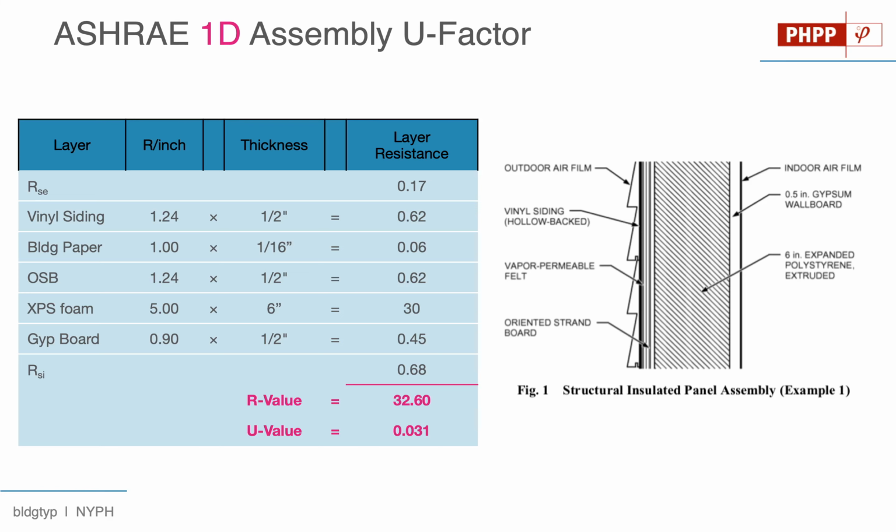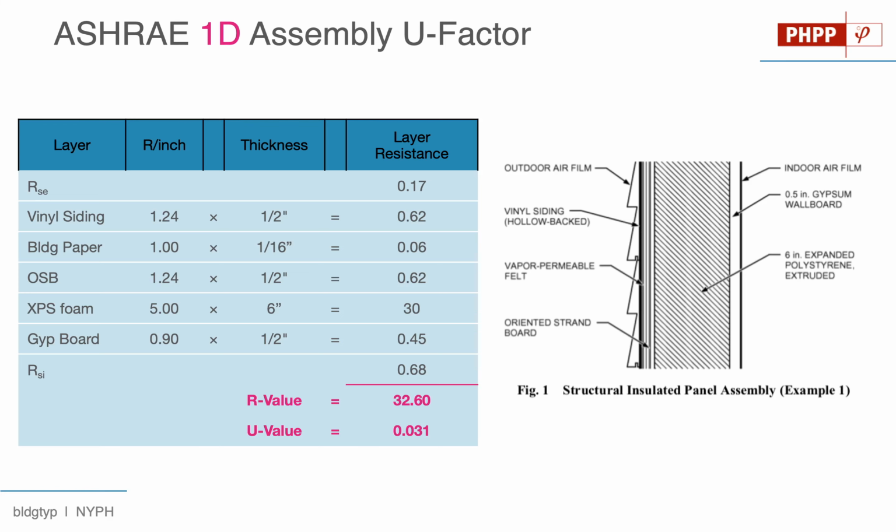So I'll say that again. We're going to calculate the resistance of every single individual layer based on its thickness and its resistivity. And then we're going to sum up all of those resistances to give us a total resistance for the whole assembly. And then, as we've talked about, we can flip over to U value by simply taking the inverse of the R value, being the resistance of the assembly.